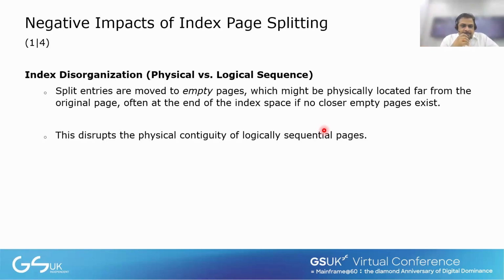So what it does, it disrupts the physical contiguity of the logically sequenced pages. So there is one entry in page number 4, and the next entry is in page number 24. So there is a physical distance between them, and it's problematic. Why?